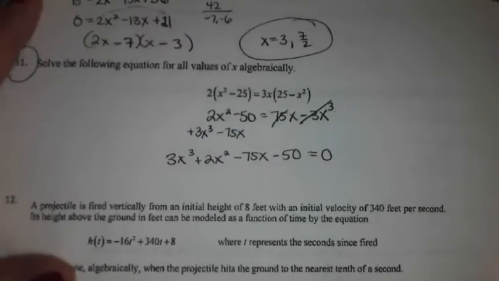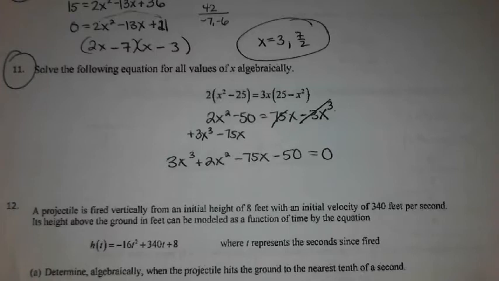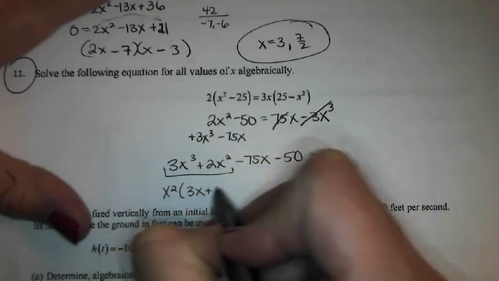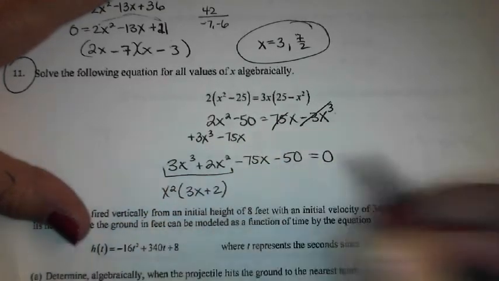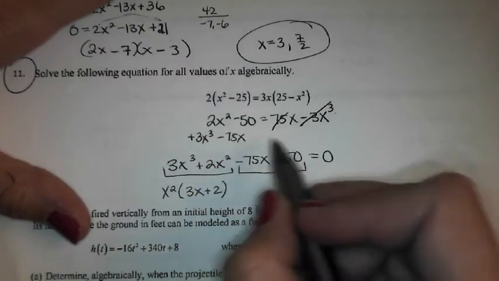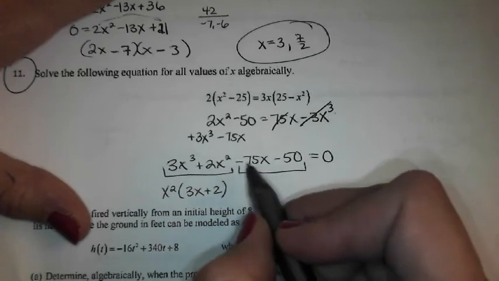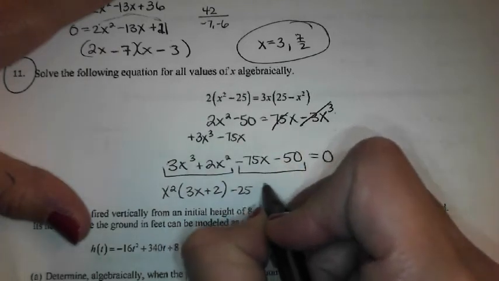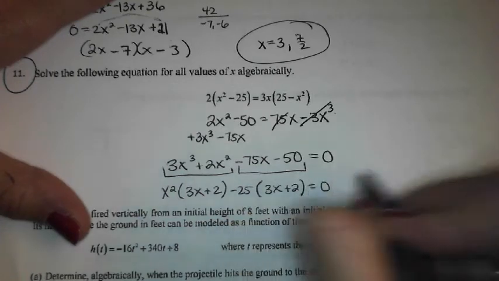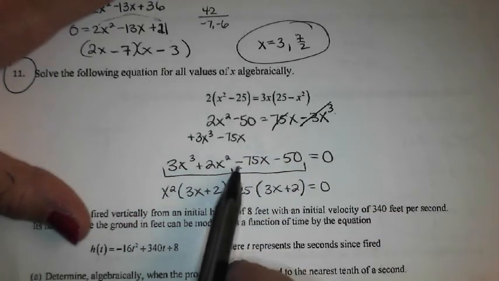The only way you guys know how to solve this algebraically is by factoring, and factor this by grouping. So we take out an x squared, left with 3x plus 2. What am I taking out of here? Negative 25. Do you know why negative, Mitch? Well, it's the leading term is a negative.